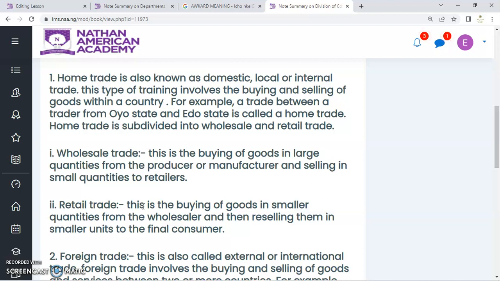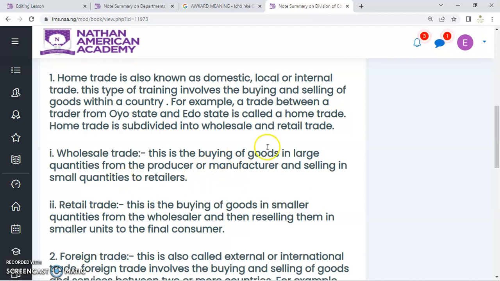We have about 40 packs in the carton of noodles. So if a noodle is sold at Allmark for 100 naira, they are going to multiply 100 naira by 40 packs, and you're going to pay for all that. What are they doing? They are buying in large quantities and then selling in smaller units. So that makes them a retailer.